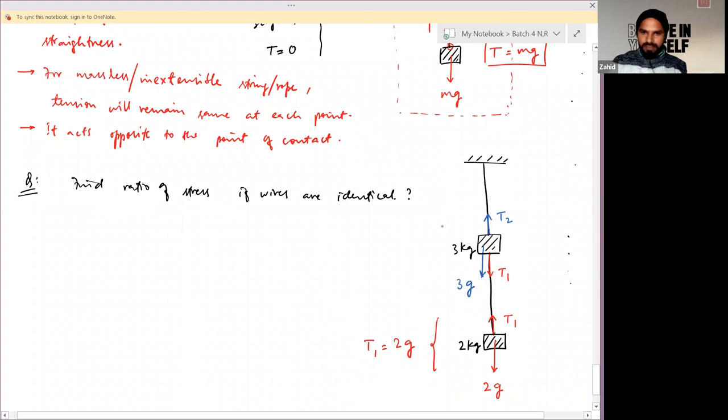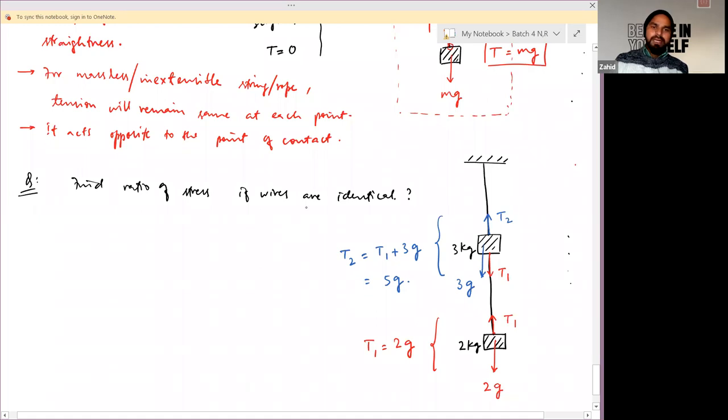So if you calculate T2 from this part, total upward force should be equal to total downward force. So it will be T1 plus 3 times gravity. The value of T1 is 2 times gravity. So 2 plus 3, it will be 5 times gravity. Nabila, is it clear? Yes, sir.